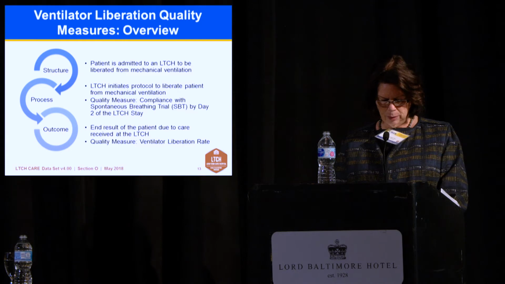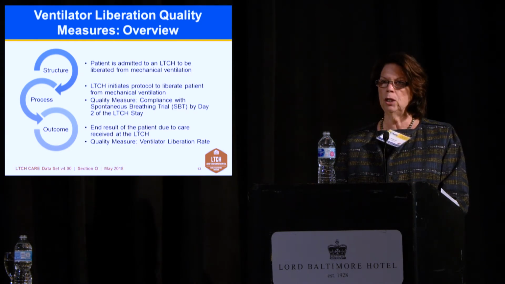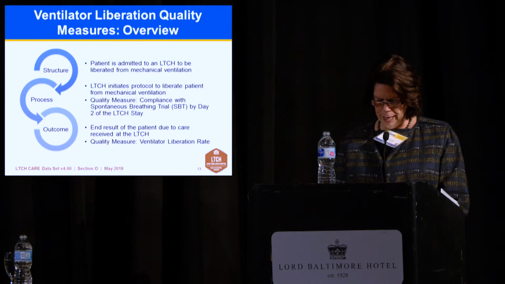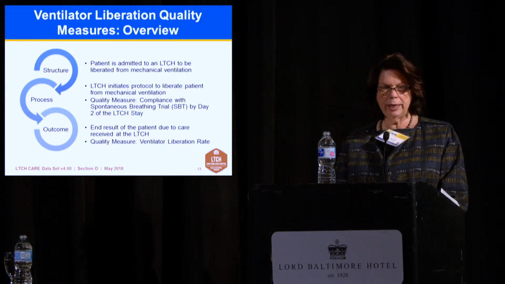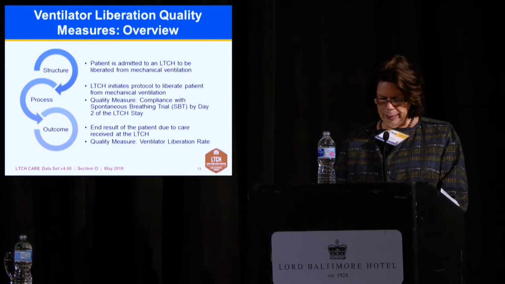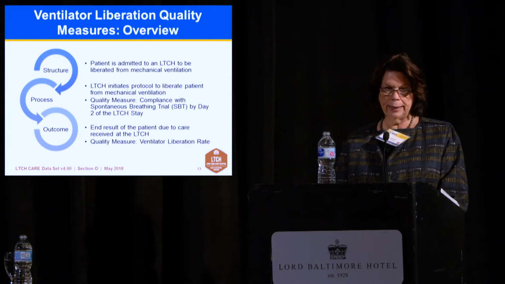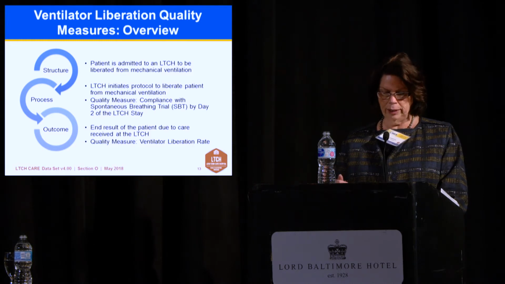The process component is related to initiating liberation from the ventilator, or as you can see in the slide, the quality measure compliance with spontaneous breathing trial by day 2 of the LTCH stay. And then the outcome component is the end result of the patient due to care received at the LTCH, and for the purposes of this discussion, it's the quality measure ventilator liberation rate, which is the outcome measure.